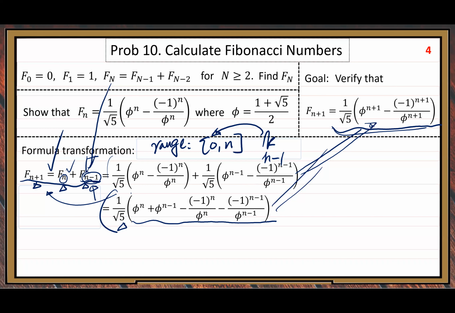Both of them have the same 1 over root 5 constant multiplication in front of the parentheses, so we can ignore that same constant. We only need to show the parts inside parentheses are the same. That's our new verification target.